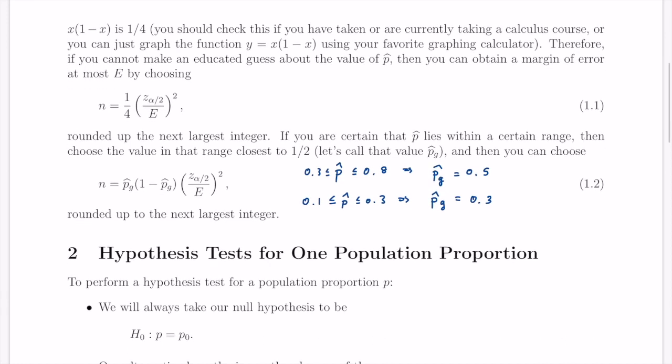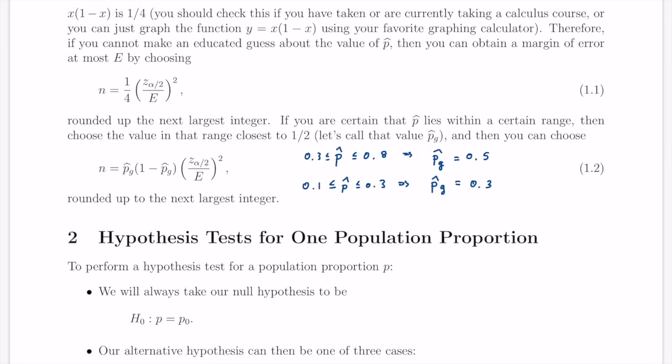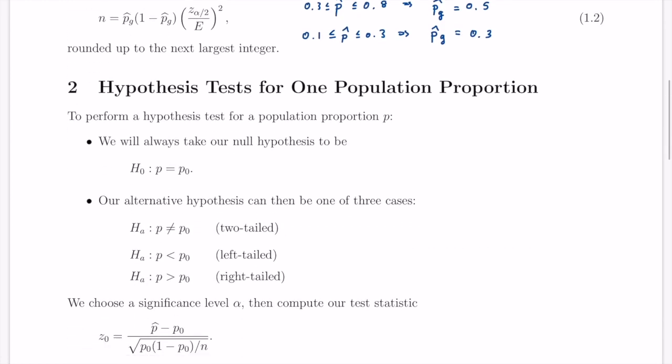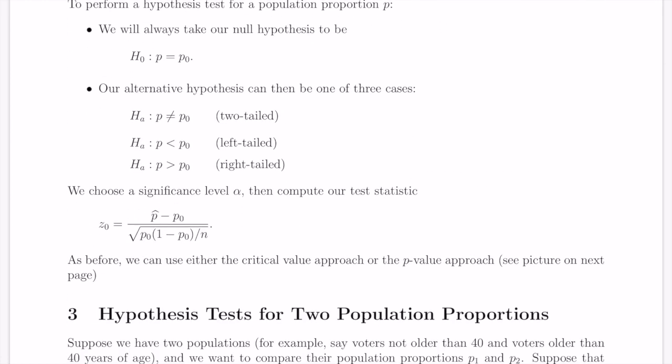All right, so that's confidence intervals and sufficient sample size to keep our margin of error small. The next idea is hypothesis testing. So what we're going to do is test whether or not our population proportion is equal to some value, and our alternative hypothesis can be two-tailed, left-tailed, or right-tailed, again, just depending on whatever our situation is.